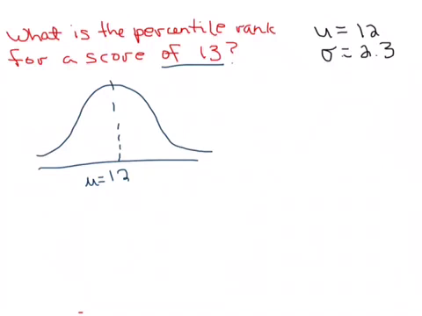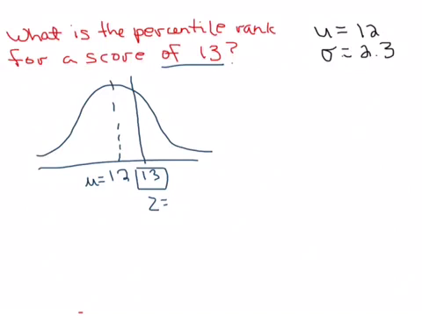So that's going to be above the mean because the scores get bigger as you go to the right. We'll put a line here and say 13 goes here. That's the location we're looking for, so we're going to need to find z at that location. You don't have to have it perfect as far as how far it is from the mean.